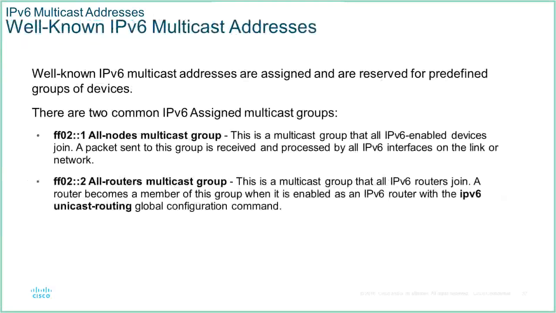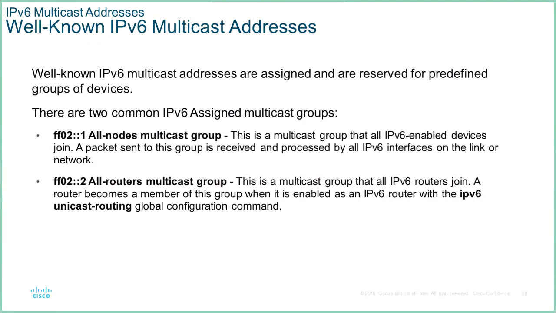Alright, so multicast addresses. FF02 colon 1 is the all nodes multicast group. So all the devices in IPv6 will join this group, and there you go.